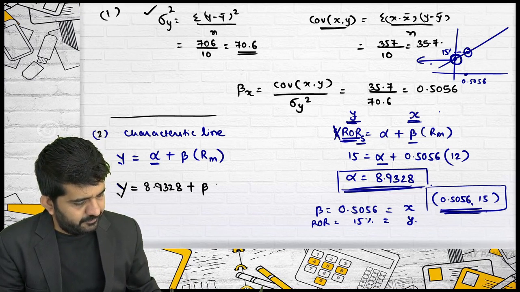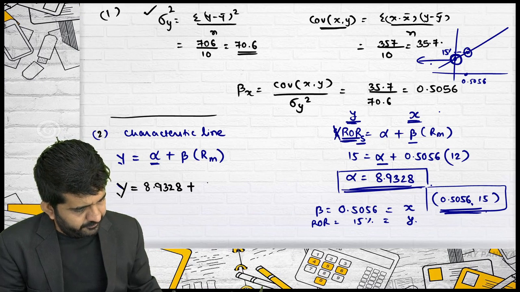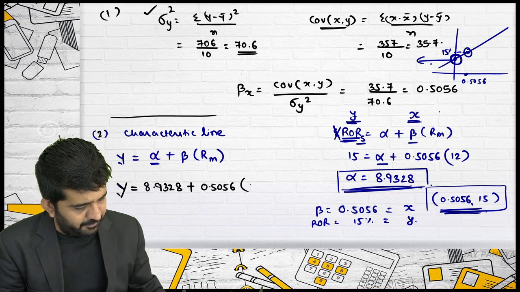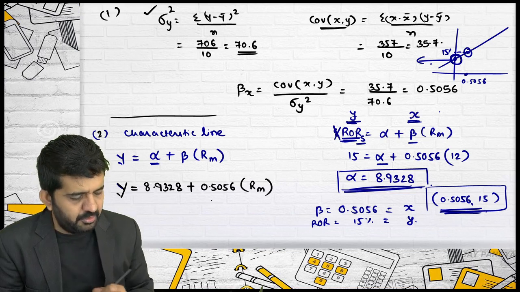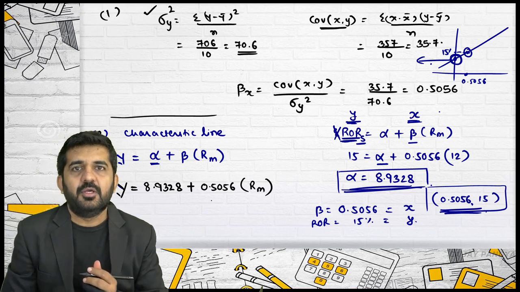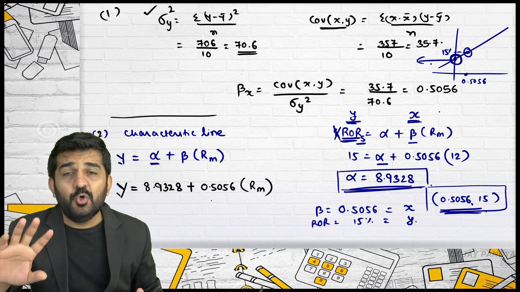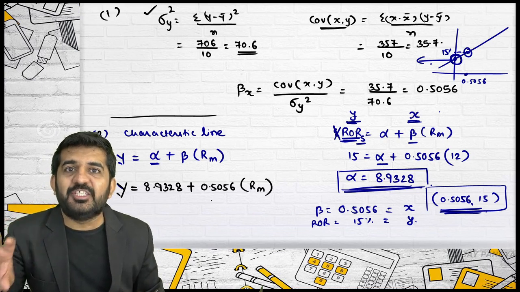Sir, we have to write down actual beta, and in bracket we have to write down RM. Alright. You will have to write down actual beta? Yes, 0.5056. And in bracket you will have to write down RM. This is incorrect. Try to concentrate, Mac. Whenever you write down a line, you will have to give them origin and scale.